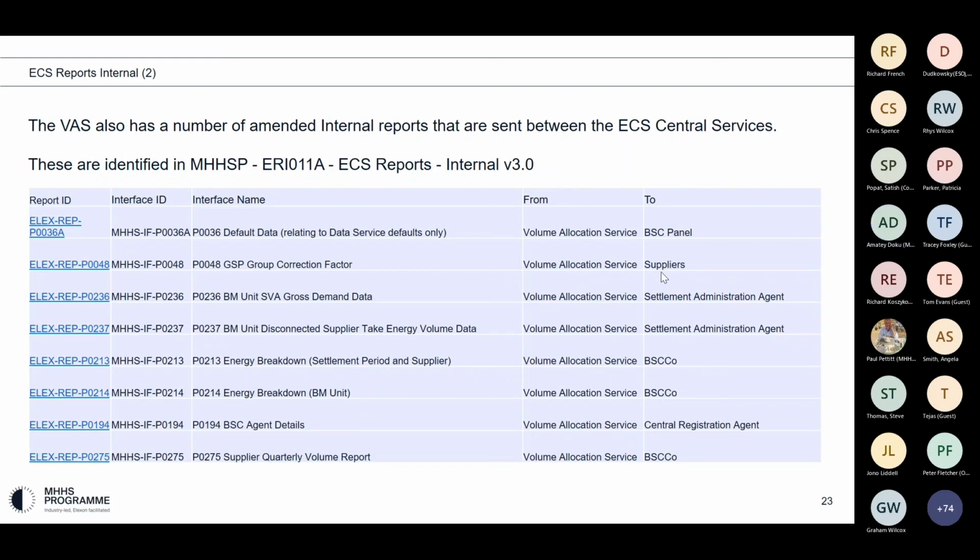I'm not sure whether that shouldn't say suppliers, whether that should say BSCCO. I think earlier on we said that they need the group correction factors for publishing on the portal or whatever mechanism they're going to use. So that might be a mistake. I'll check that out.